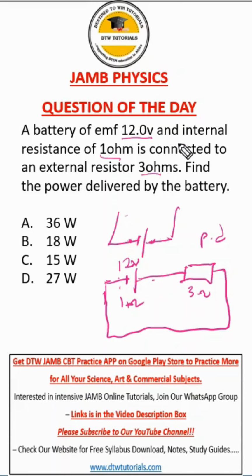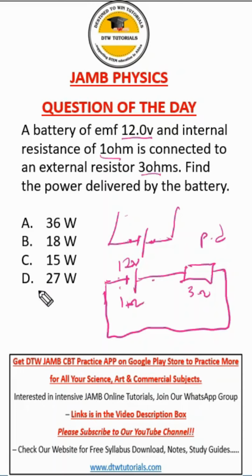Now, coming to our question, it says we should find the power delivered by the battery. We know the volts of the battery, we know the internal resistance, and we know the external resistance. So we have to first find our current. We need to know the current that this battery can supply.